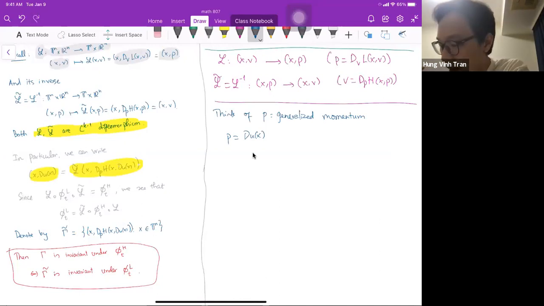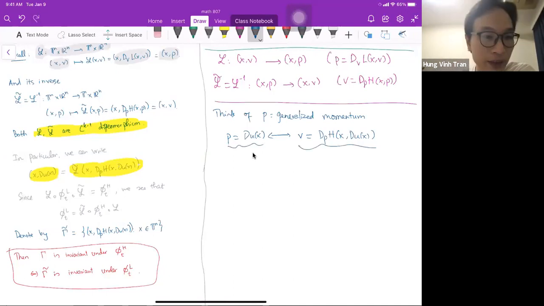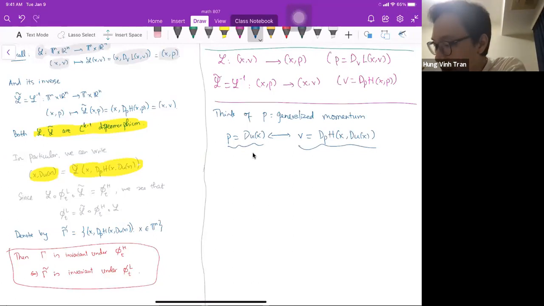So P is the gradient, and this corresponds to V, which is the velocity of your particle. This is dPH of x, P, right? And P is dUx.